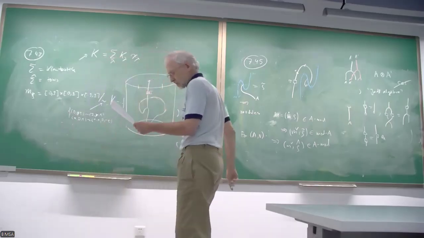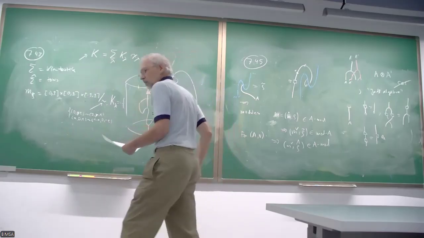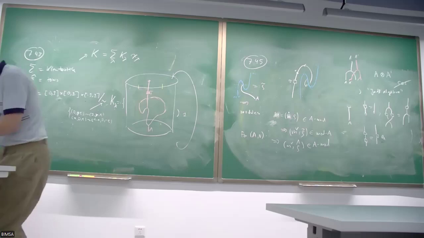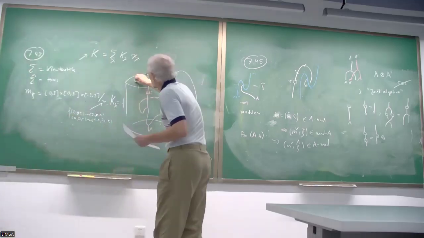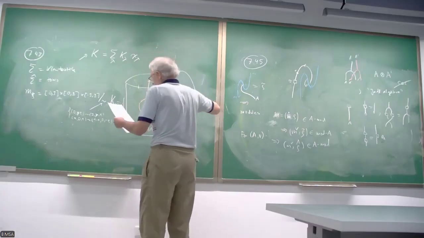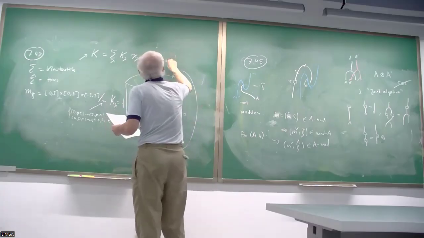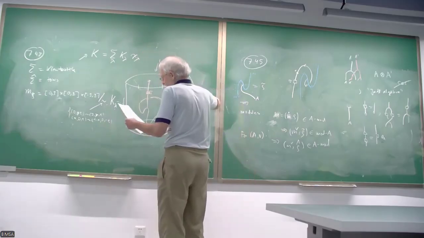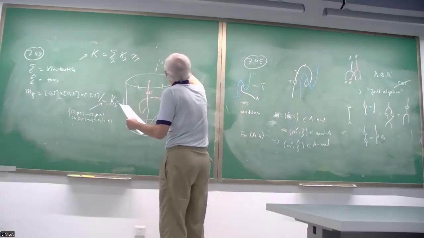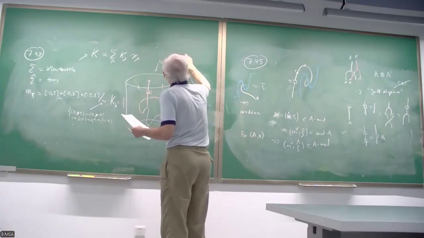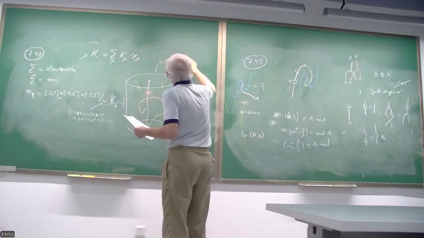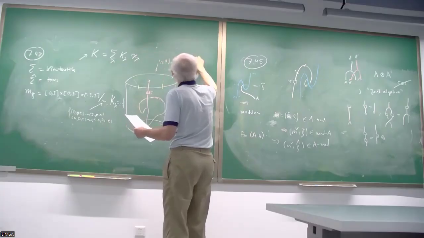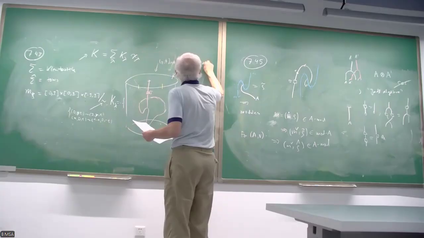Namely, the identification here is, if I take this disk as a unit disk, in coordinates r, phi, I get the identification that the top is identified with the bottom, but with 1 over r and minus phi.